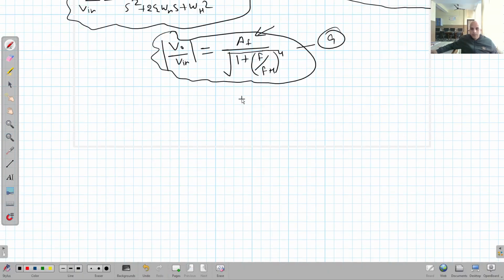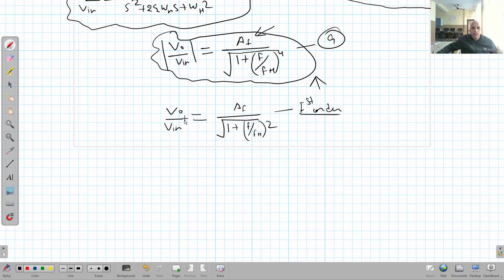It was AF upon 1 plus F upon FH square under the root. This was the case of first order low pass filter. This is the case of second order low pass filter, V output upon V input.